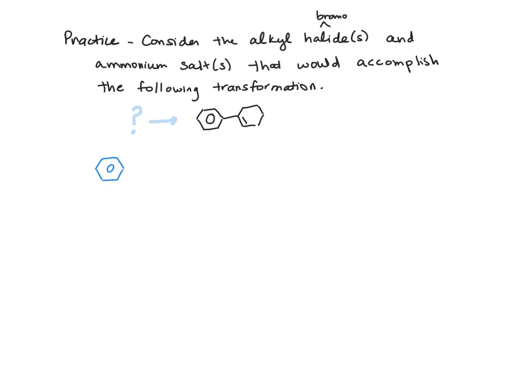Let's start with our alkyl halides. And we'll put a bromine atom on either side of that alkene.